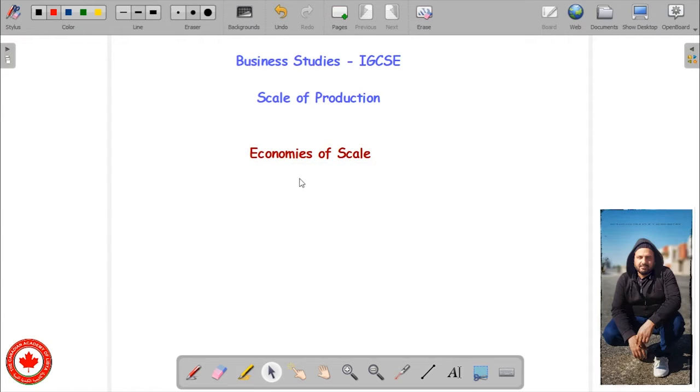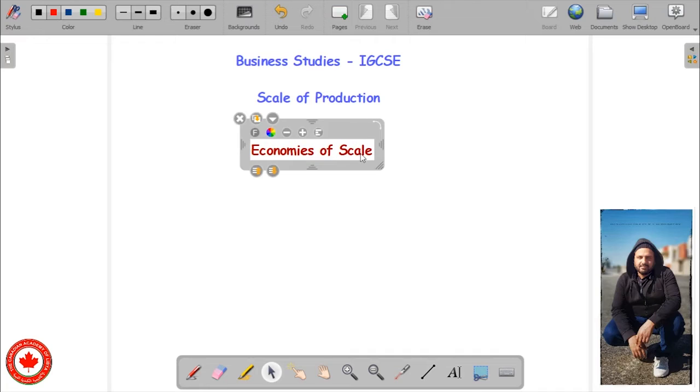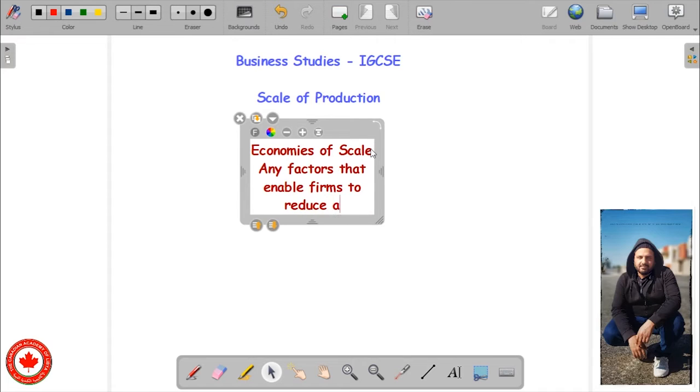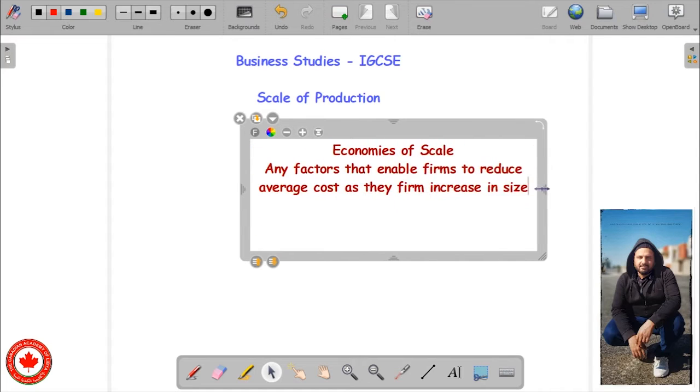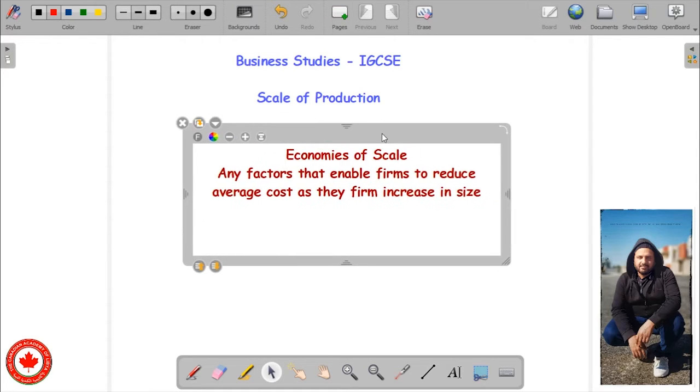Economies of scale is, as a definition, any factors that enable firms to reduce average cost as they get larger, as a firm increases in size or expand. This is the definition of economies of scale.